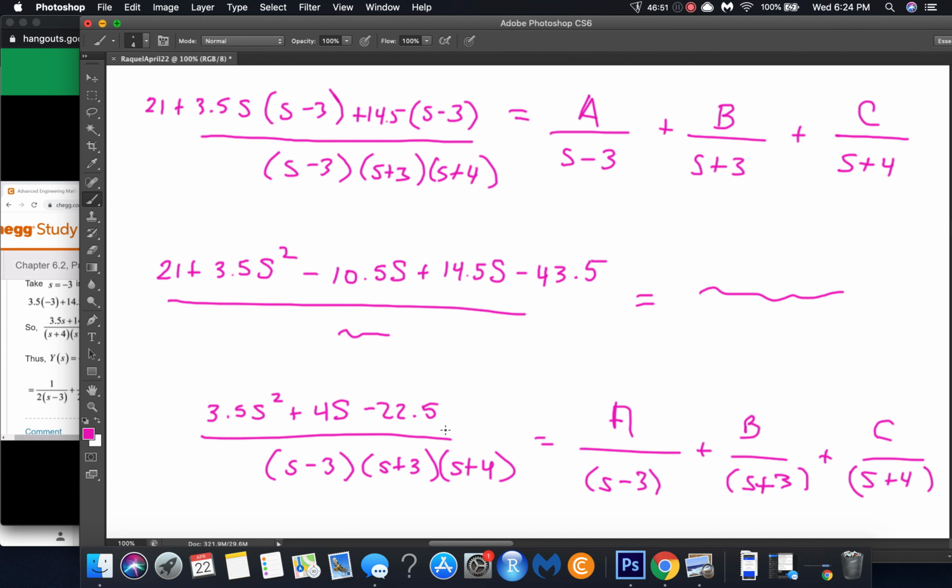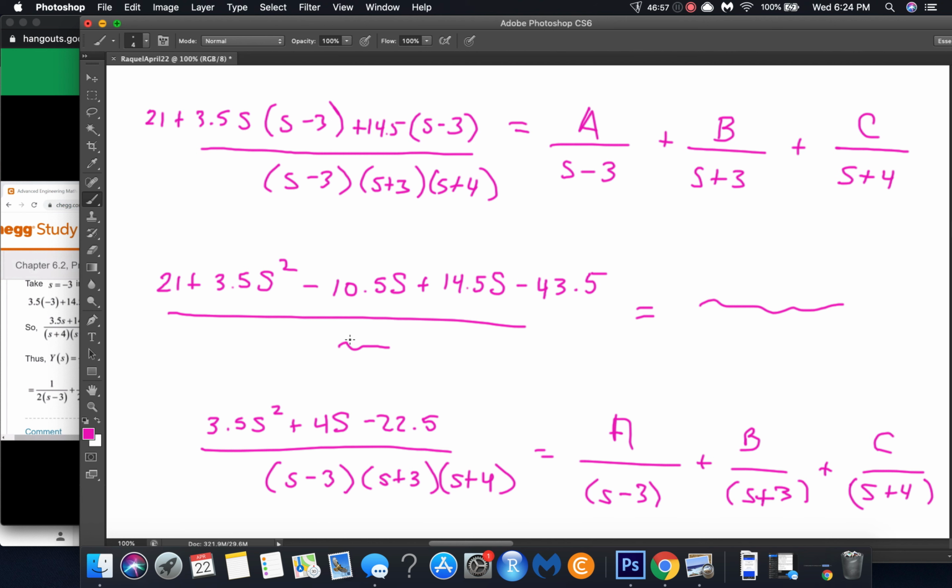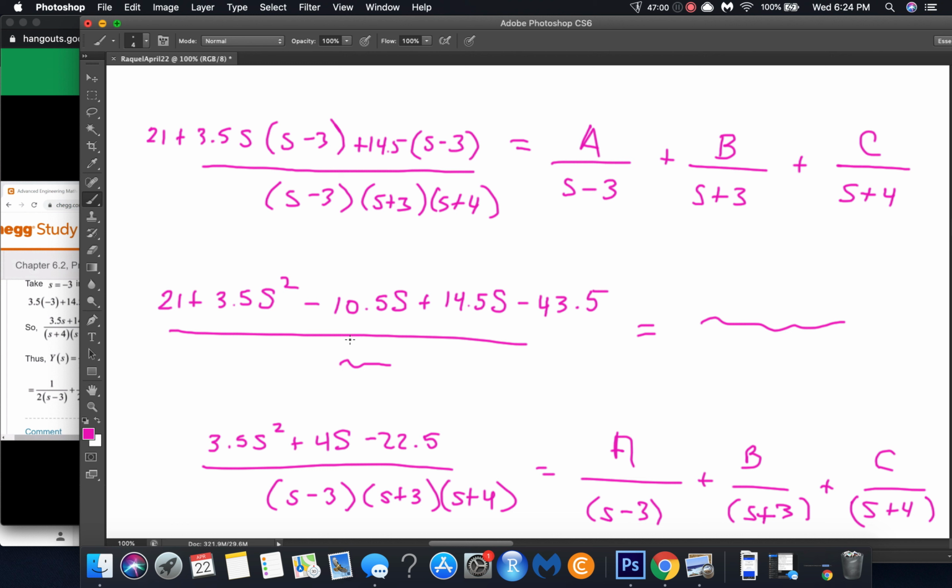And then we added these guys. Let me just double check that math, because so far nothing is incorrect. So 3.5 times 3 is 10.5. 14.5 times 3 is 43.5. So negative 10.5 plus 14.5 is 4.